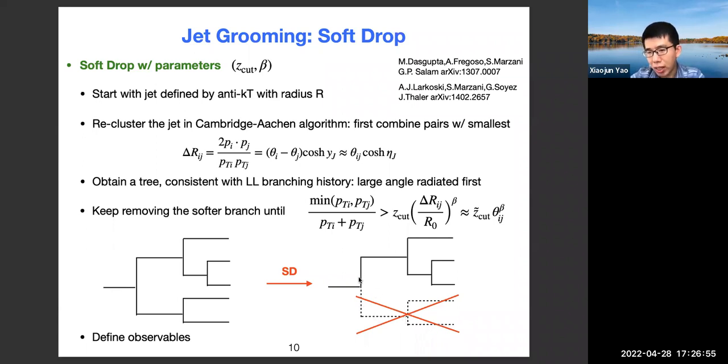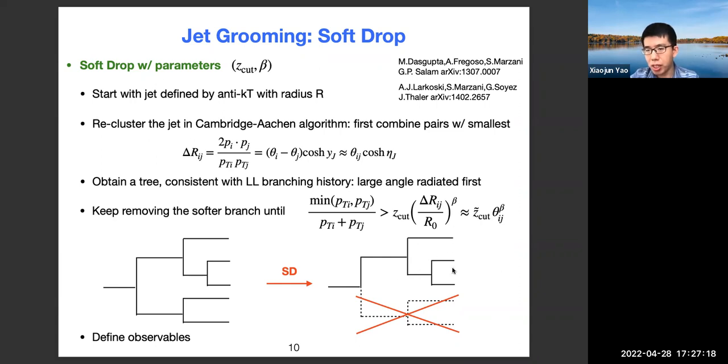Then we move to the next branching point, which is a dot here, and we check this condition again. Let's assume this condition is satisfied at the second branching point. So we stop our grooming procedure and we keep everything after that. The solid part here will be the groomed jet after the soft drop grooming.